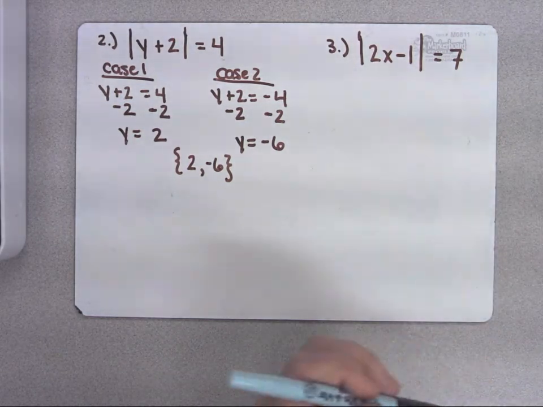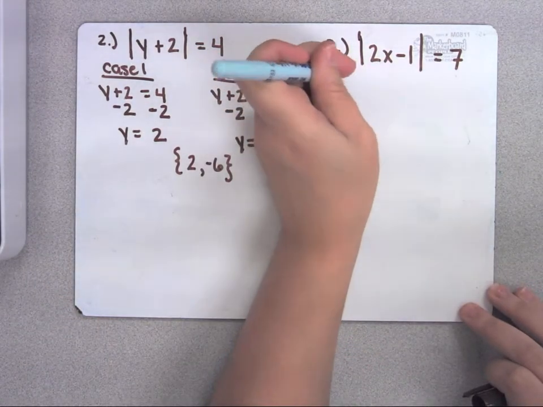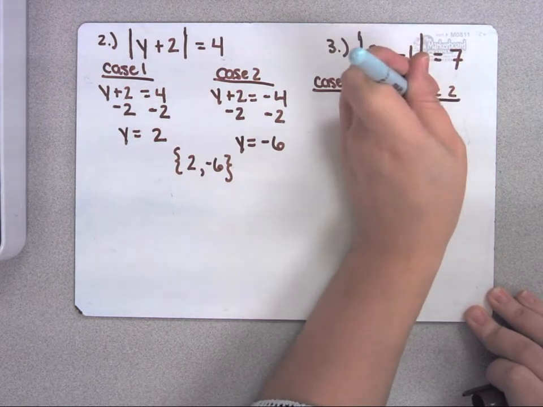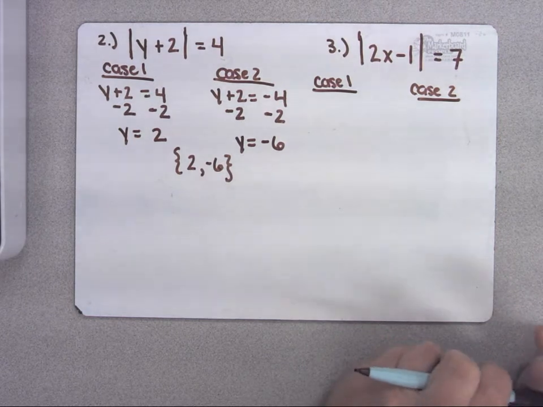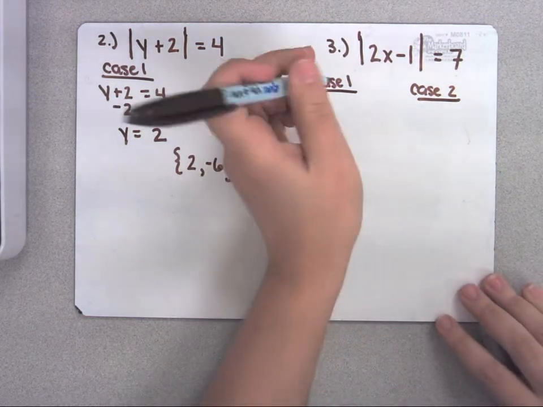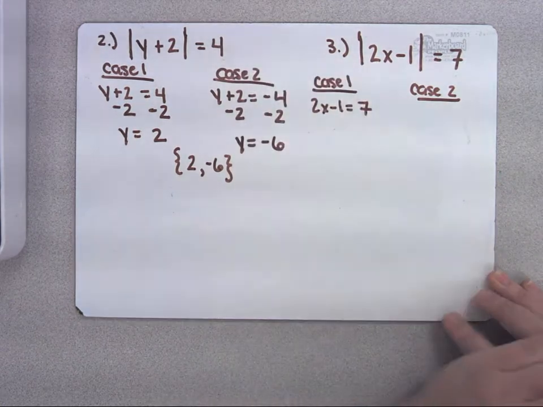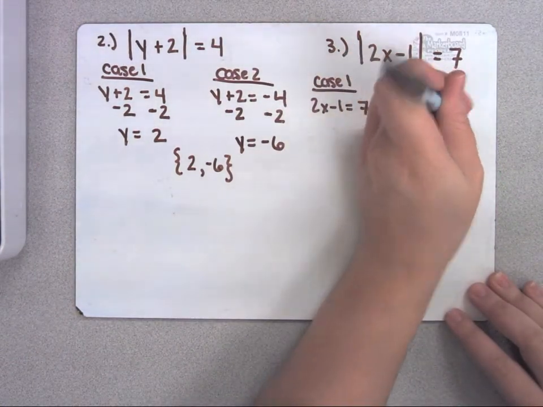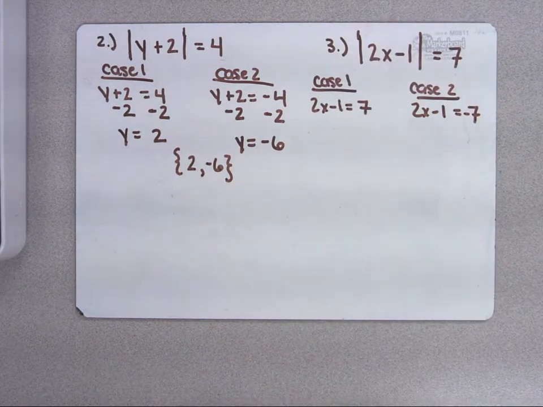Okay. What's my equation going to be for case 1, Jesse? What's my second equation going to be, Jesse? Mm-hmm. Now this one, there's 2 steps to solve these equations, aren't there?